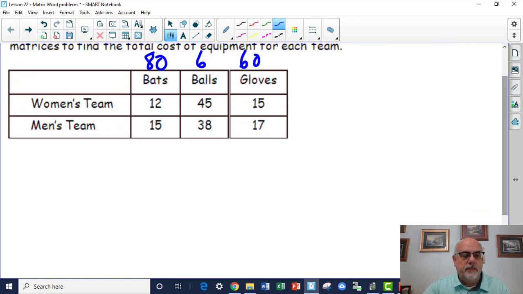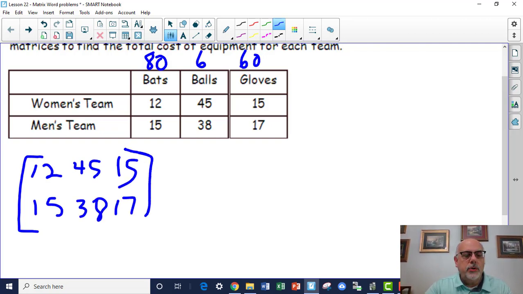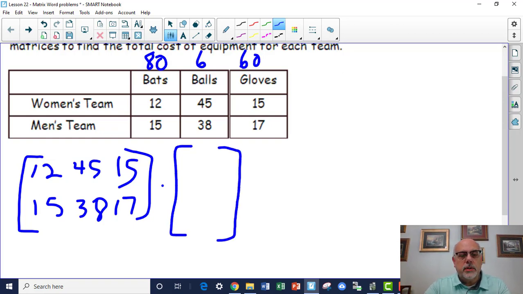matrix with this. So if you construct a matrix with the elements that are in the chart, 12, 45, 15, 15, 38, and 17, those are the quantities. And if you then create a matrix with the things that we wrote across the top, as they appear left to right, you're going to write them from top to bottom: 80, 6, and 60.